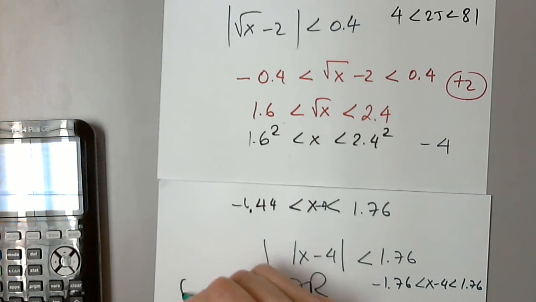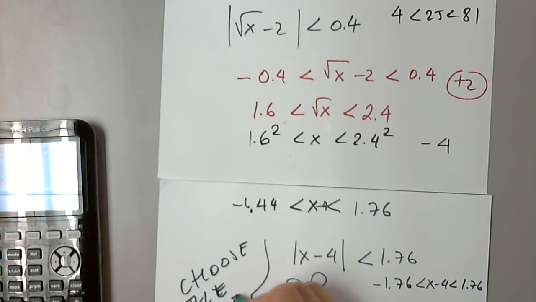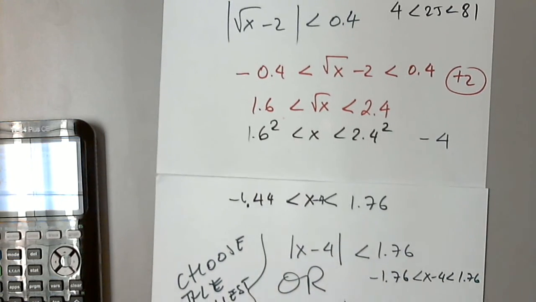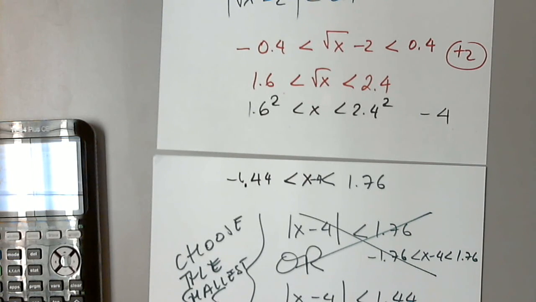I have to choose the smallest, as we did before, delta. So which one is smaller? Good. Delta equals 1.44.